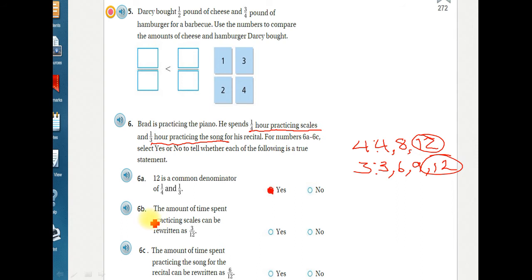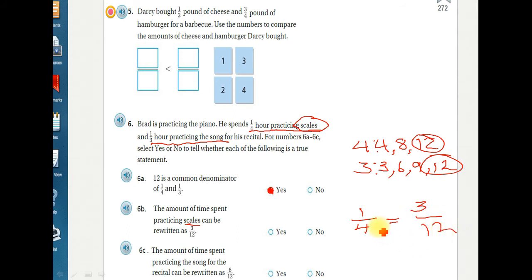Number 6B, the amount of time spent practicing scales can be rewritten as 3/12. So now I have to find scales. Here's scales, and he did it for 1/4 of an hour. Can I rewrite that, or is that equal to 3/12?